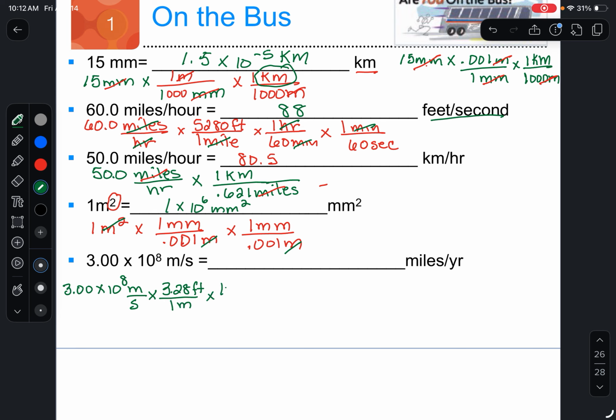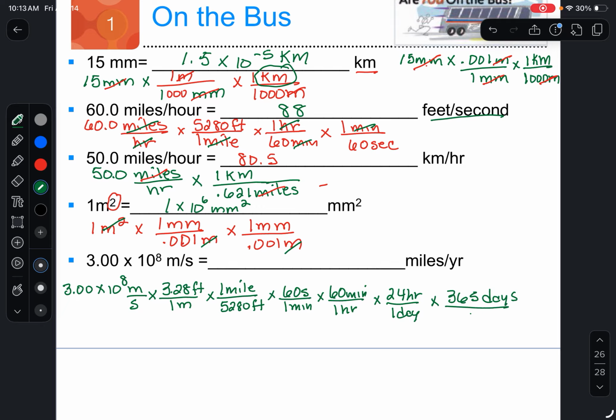We know in 1 mile, we have 5,280 feet. 60 seconds in 1 minute. We have 60 minutes in 1 hour. We have 24 hours in 1 day. And we have 365 days in 1 year. So pretty long conversion factors.